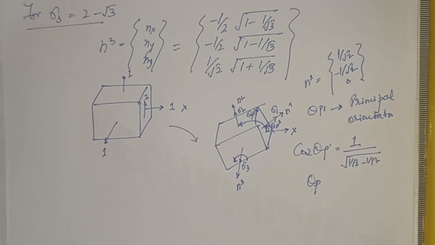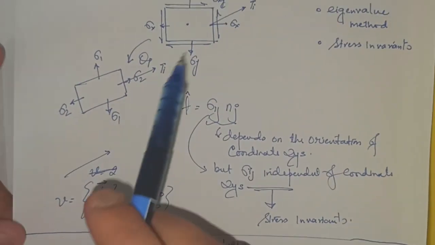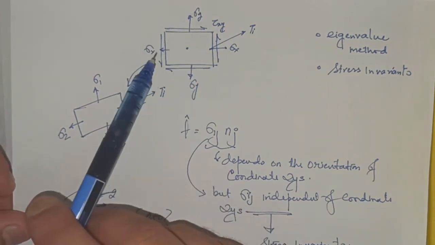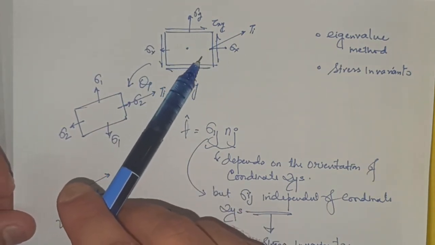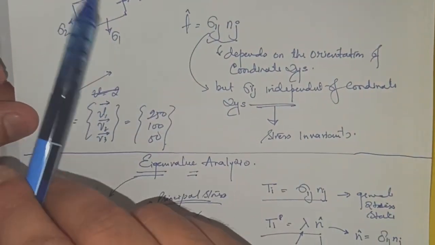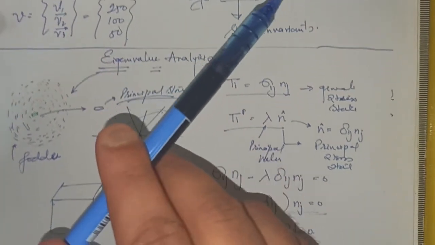Since this video becomes a bit heavier for you, let me review what we have done till now. We had a state of stress, on which different components exist, and we wanted to rotate this state of stress to a principal state of stress. So we used an eigenvalue method.